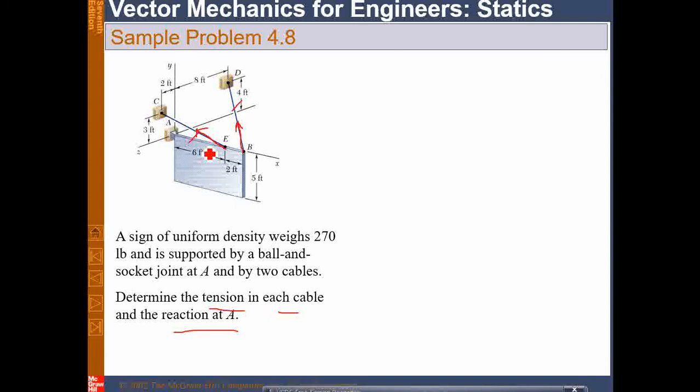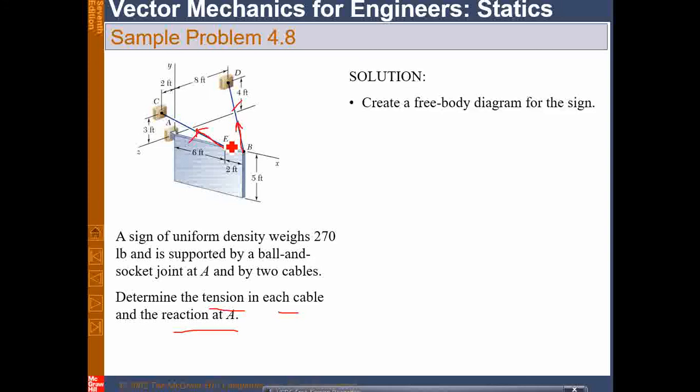Summation of all the forces along x equal to 0, along y equal to 0, along z equal to 0, and in a similar way, the moments originating due to these two cable tensions, because there are no other forces. These will be the three reactions, and these are the two forces. Only these will be there in the picture.